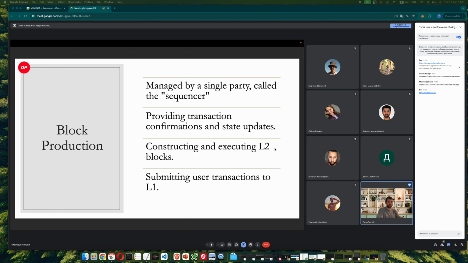It submits transactions to layer 1 and makes the correct order. There are some other modules that do the batching and make it take less space, but the sequencer is basically submitting the transactions and constructing and executing layer 2 blocks. So it's one of the most important modules in Optimism.